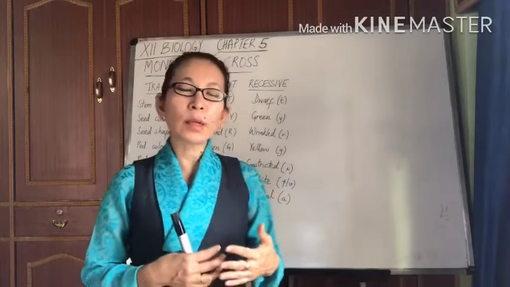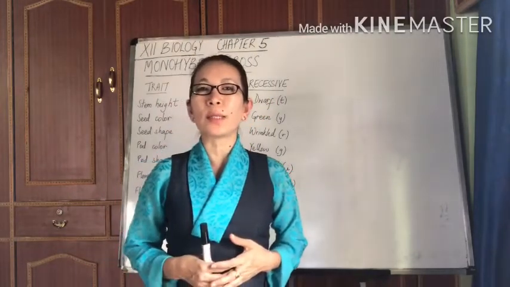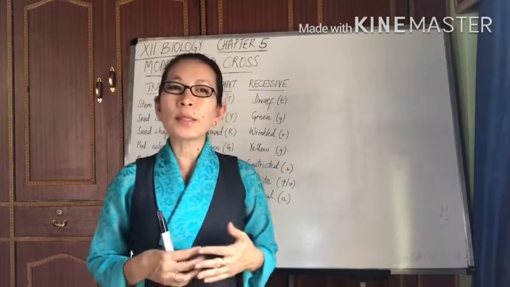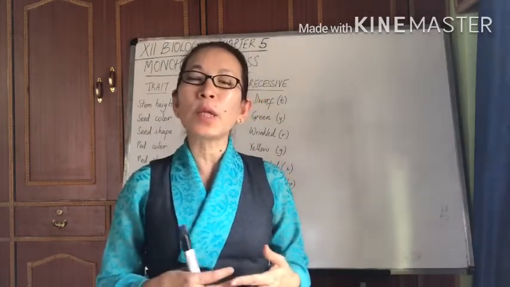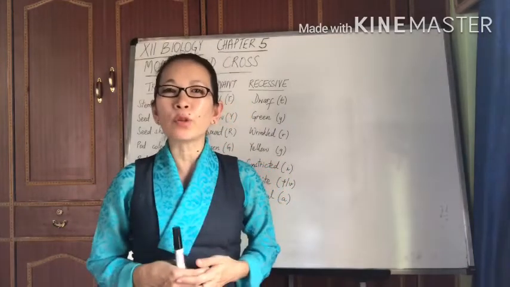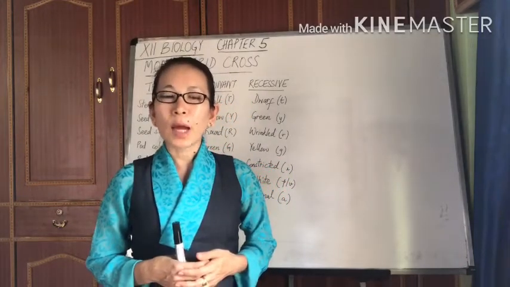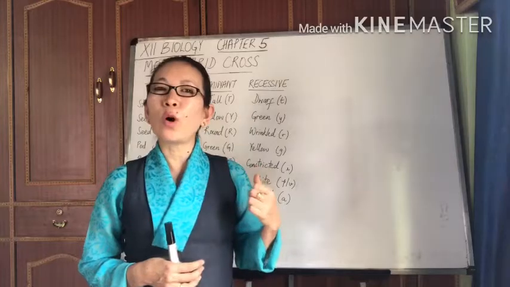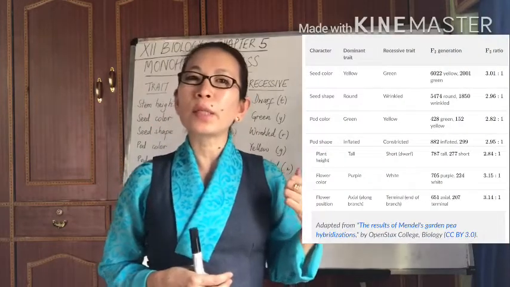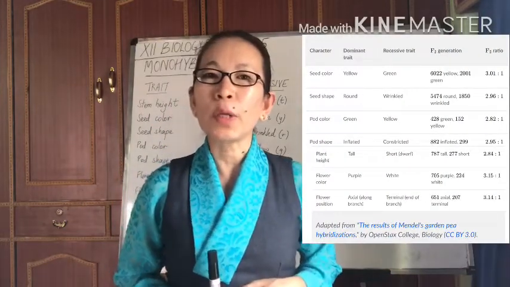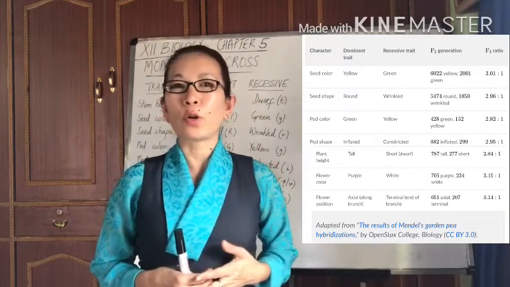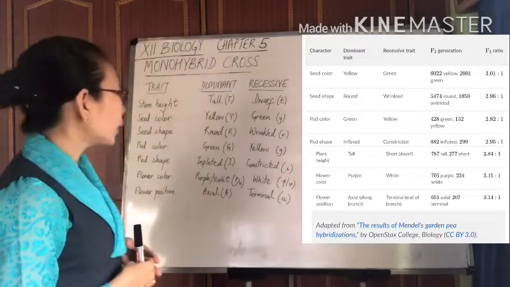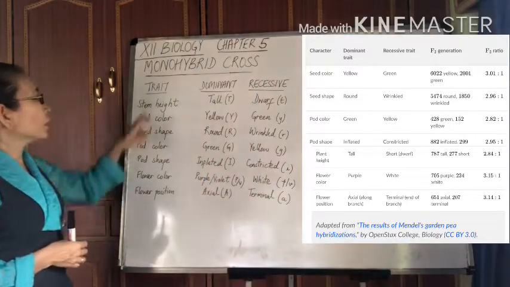Now, from the several thousands of monohybrid crosses that he conducted, he finally determined the dominant and recessive traits in each of these 7 pairs of contrasting traits. And I would say that you need to know all of these dominant and recessive traits for the 7 traits in order to be able to work on Mendelian crosses. So this is how it is.